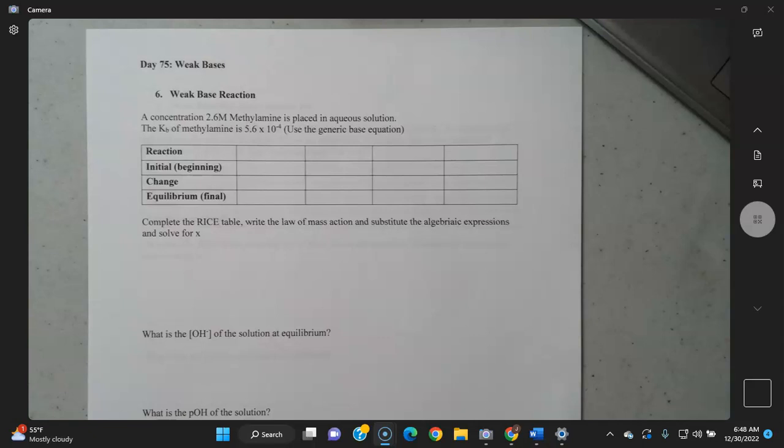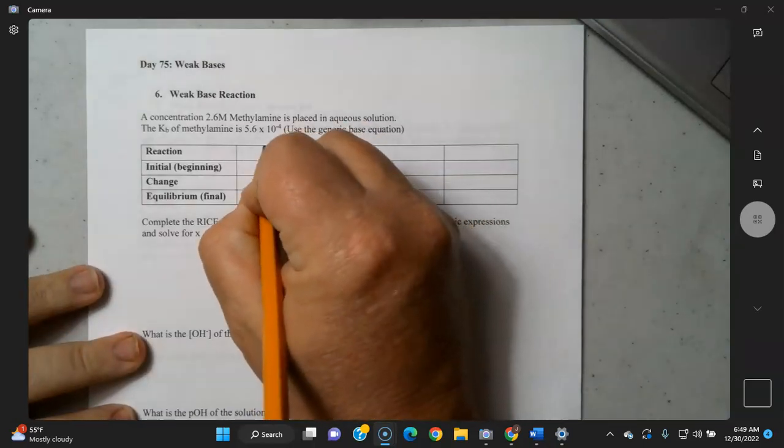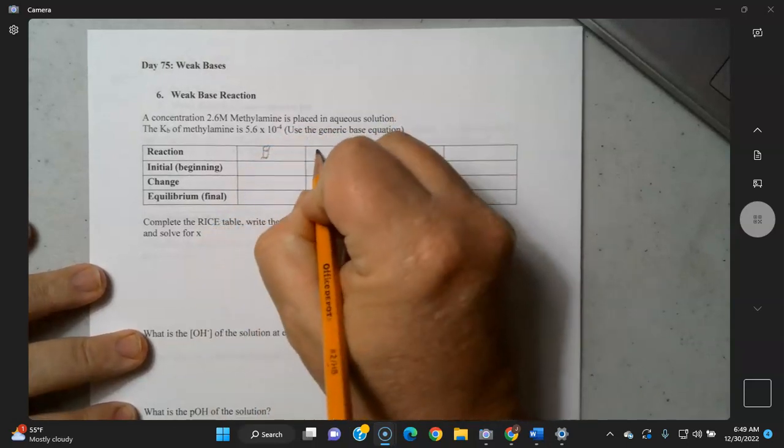So we don't even know whether it's an ion that is a conjugate base of an acid, or whether it's just an electrically neutral base. Let's just assume it's an electrically neutral base. So we're simply going to represent it as B plus H2O.